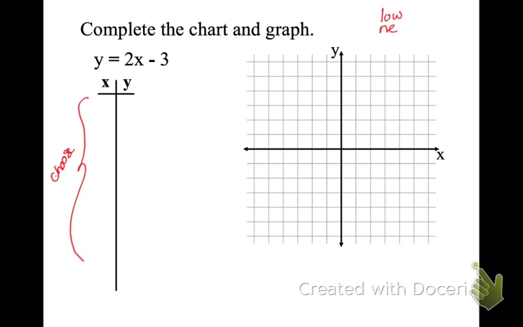I like a negative, a positive, and a 0. So personally my choices here would be negative 1, 0, and 1. Now you'll see on my PowerPoint I'm choosing more, and so we'll do those, but you only need to choose 3 when you're graphing.